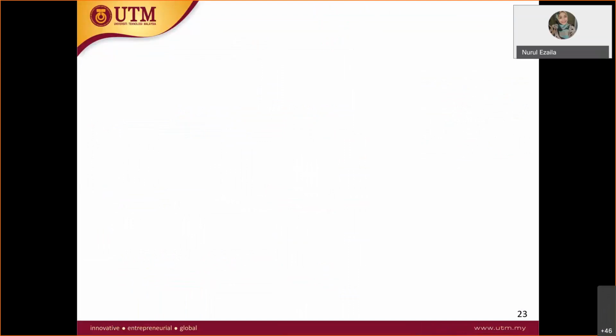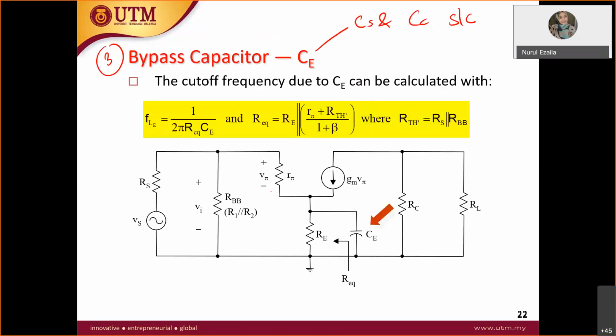To find R equivalent, by using V-test and I-test, we draw the circuit again. Inject an imaginary voltage V-test. You detach the RE first, so you inject V-test over here and you will have V-test and I-test.